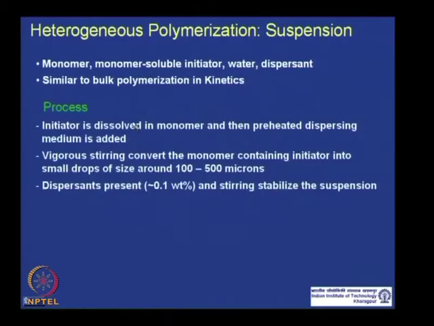So, what you do initially is dissolve the initiator in the monomer, and then preheated dispersing medium is added, and vigorous stirring converts the monomer containing initiator into small droplets of 100 to 500 microns. The dispersant is present in a very small amount, 0.1 weight percent, and because you are continually stirring, these actually stabilize the suspension.